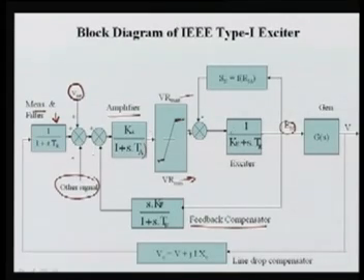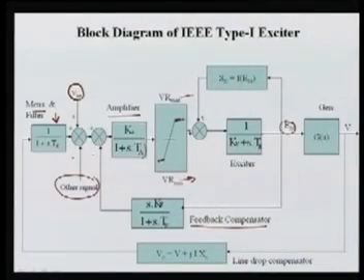To include the saturation effect, this EFD is going to be subtracted, because here we are taking the proportional value, getting the EFD directly. But EFD will have some saturation effect, so we take the function SE, a function of EFD, that is subtracted, and this is a closed loop.